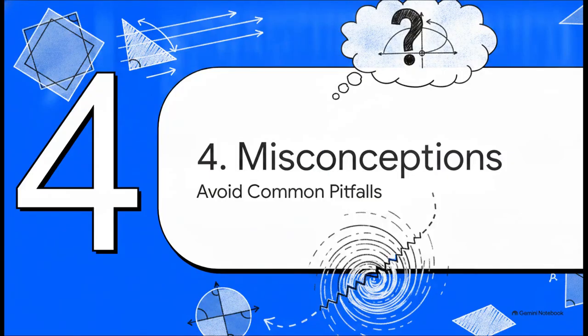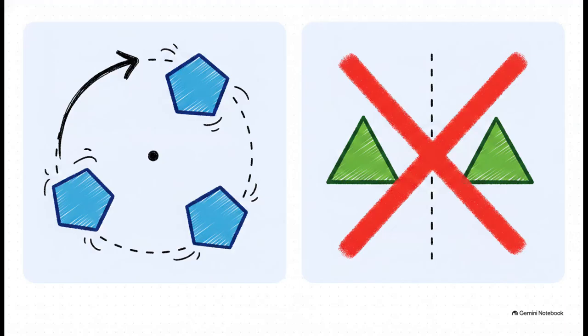Section 4, checking for misconceptions, avoiding pitfalls. Now, what's really interesting about this concept is a very specific common error that educational researchers often note: confusing a rotation with a reflection. While a 180-degree rotation and a reflection might look somewhat similar at a quick first glance, they are entirely different geometric transformations.